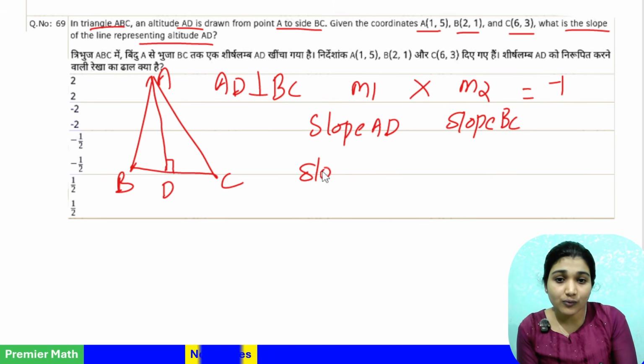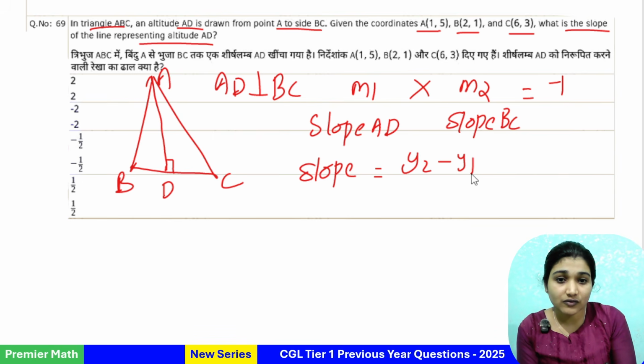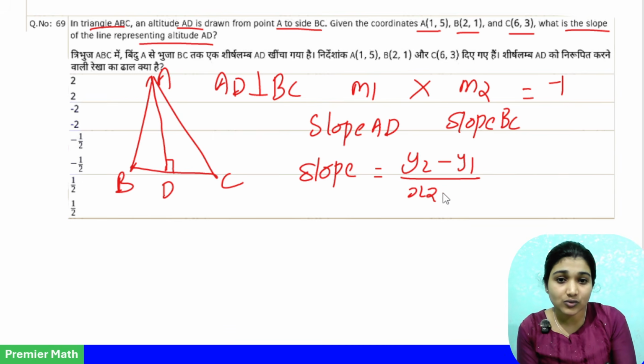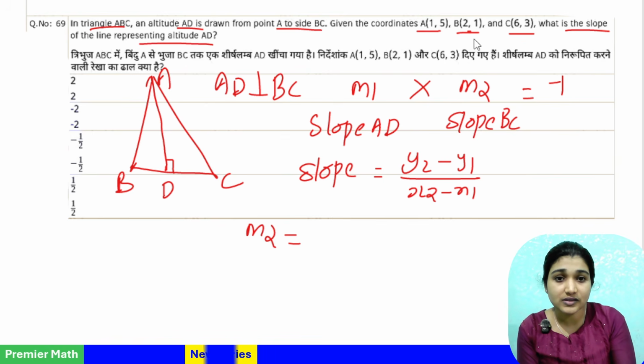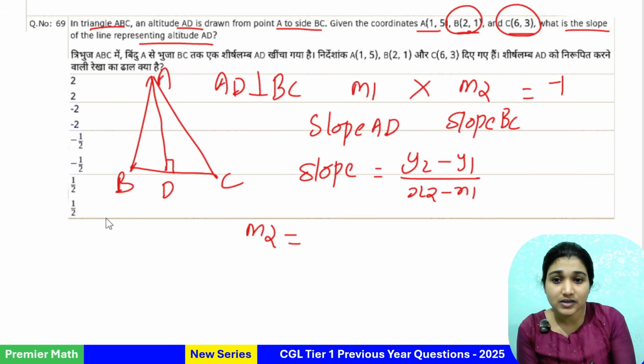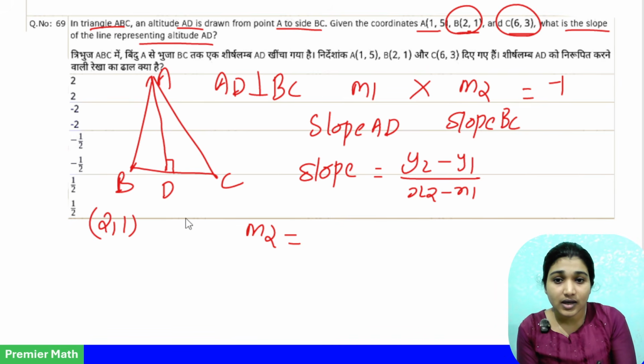And the slope formula is y2 minus y1 divided by x2 minus x1, because coordinates are given. So just find M2, the slope of BC. B is equal to (2,1) and C is equal to (6,3).